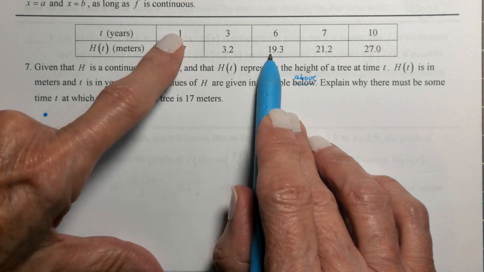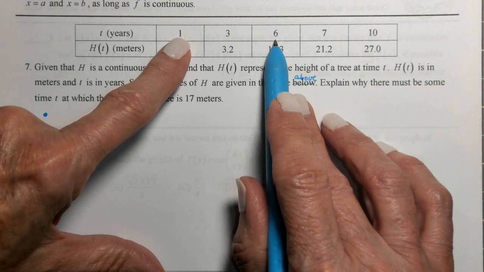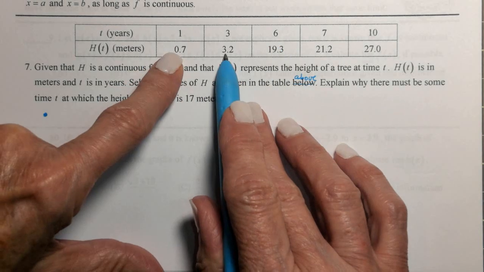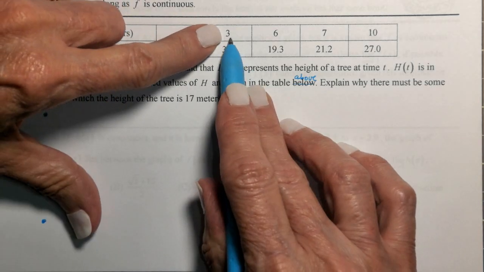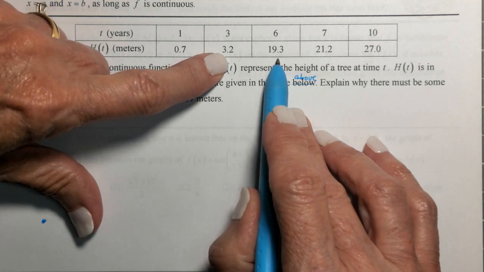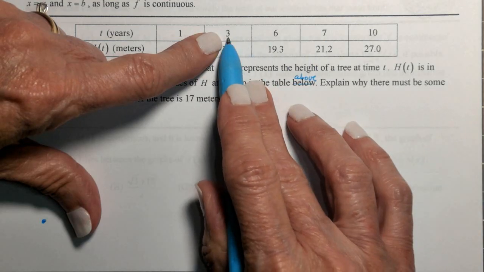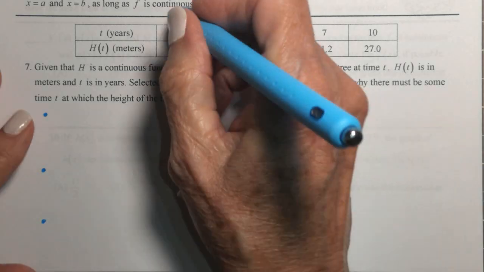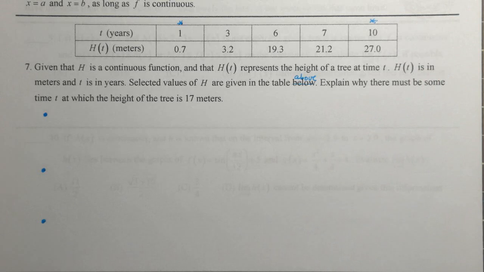So I could use from 1 to 10, from 1 to 7, or from 1 to 6. I could not use from 1 to 3, though, because 17 is not between 0.7 and 3.2. I could use between 3 and 6, because 17 is between there, or time 3 and time 7, or time 3 and time 10. I have some choices here, okay? I'm just going to pick the outside ones because I want to, but it doesn't matter.